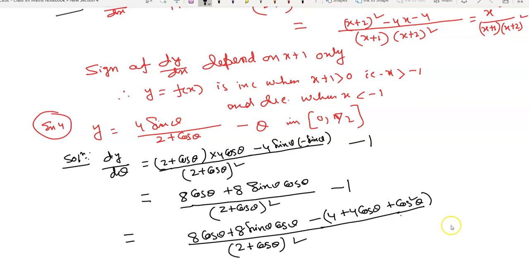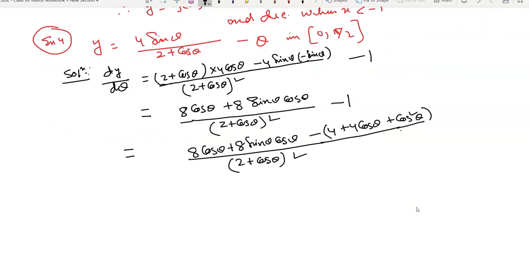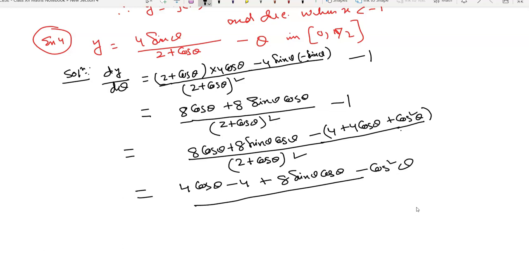Now if you merge these two, this is going to be like this: 4 cos theta minus 4 plus 8 sin theta cos theta minus cos square theta, divided by 2 plus cos theta whole square.